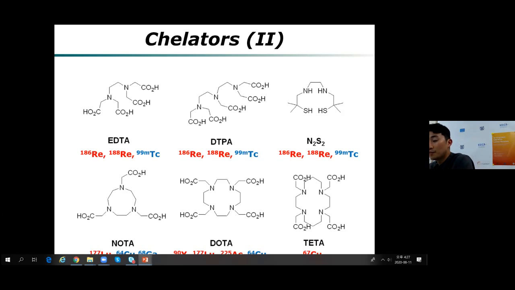So we must know the structure and the possible radioisotope labeling of each kind of chelator. This is the end of my presentation. If anyone has a question, please write in the chat box. Thank you.